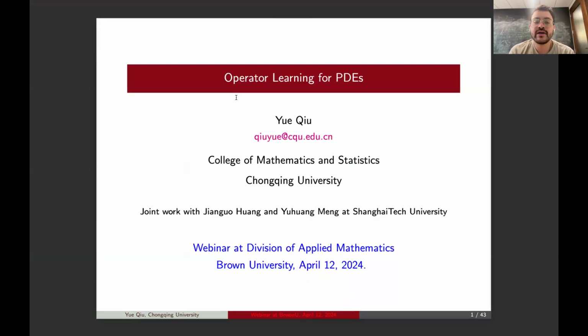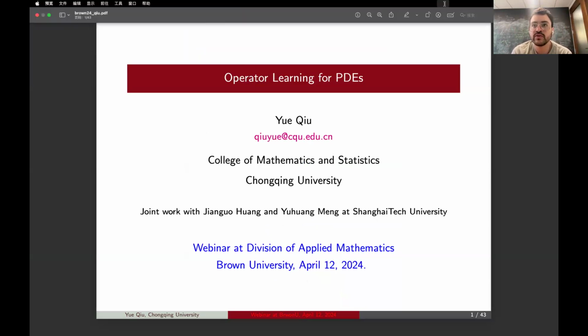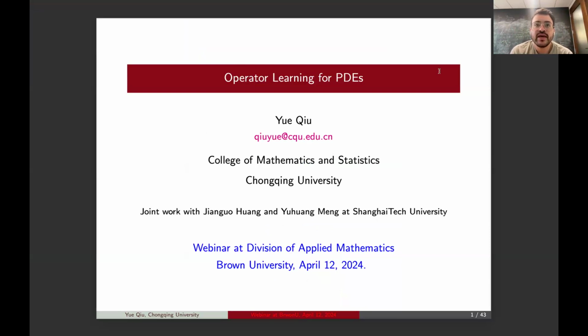Now we have the second speaker. His name is Dr. Yue Qiu, who is currently an associate professor at the College of Mathematics and Statistics at Chongqing University in China. He obtained both his bachelor's and master's degrees in automatic control from Northeastern University in China in 2009 and 2011. He then moved to Delft University of Technology and earned his PhD degree in mathematics in 2015.